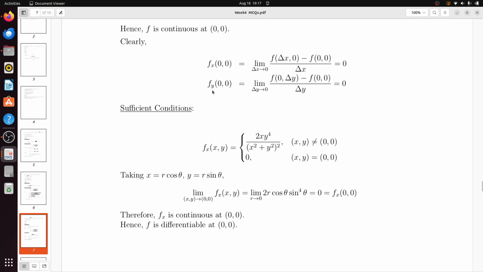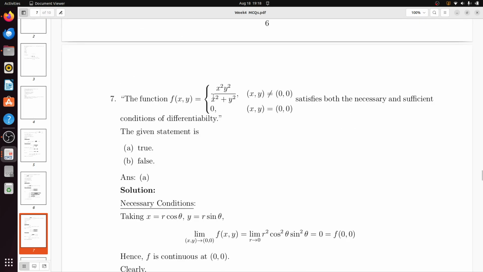And also the partial derivative fy(0,0) exists, because see what happens: if you have multiplicity of higher order in the numerator and you are multiplying some higher order zeros, some zeros may cancel. For example, in the numerator you have x minus 5x to the power 4, and in the denominator you have only x, so you can only cut one x, so you will still remain with x square, sorry, x cube.